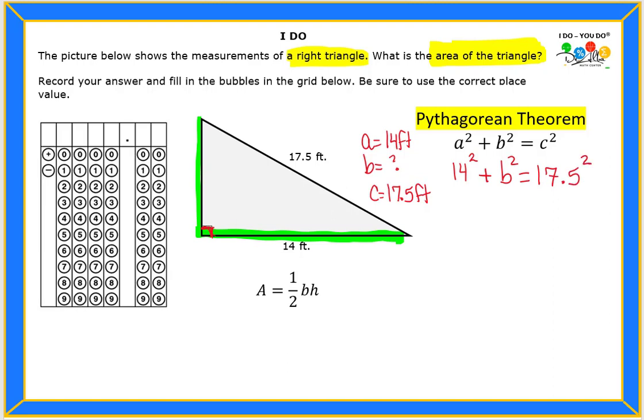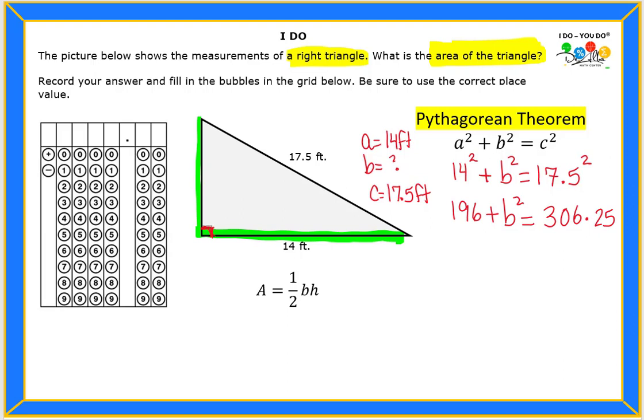I am not writing the units, the feet, but we know that at the end we need to write them down, okay? So 14 squared, or 14 to the second power, gives me 196 plus B squared, and 17.5 squared gives me 306.25.